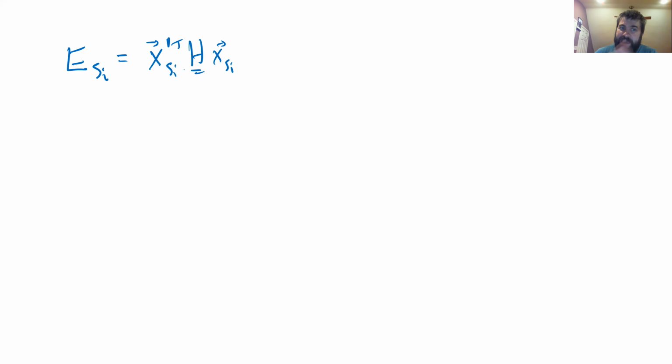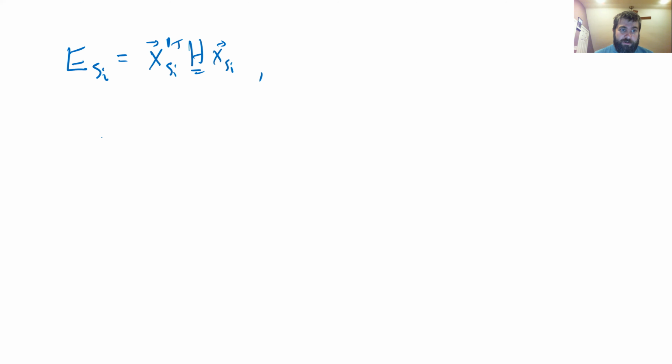This X vector where we leave everything as probabilities, but we fix one. And once we have this energy, we can define our update rule.